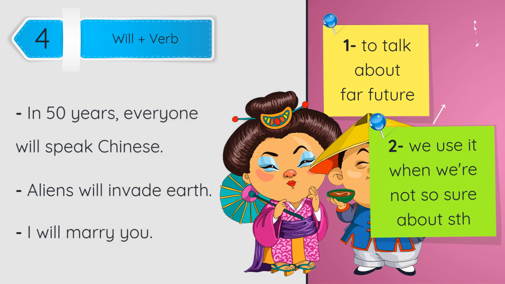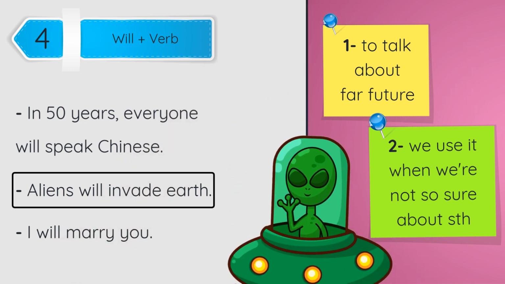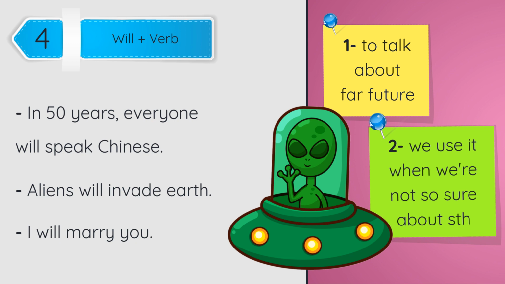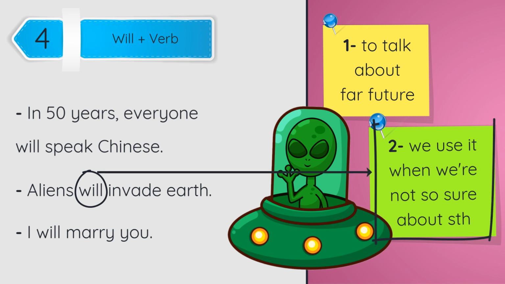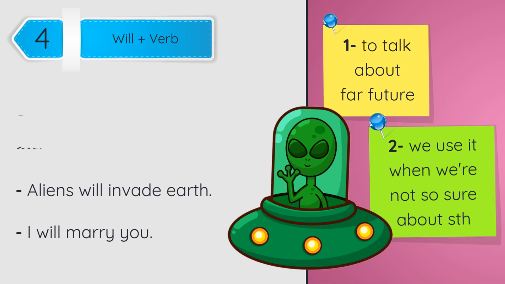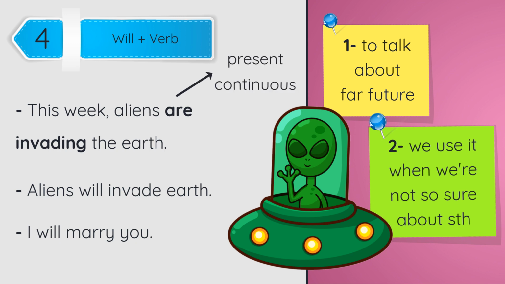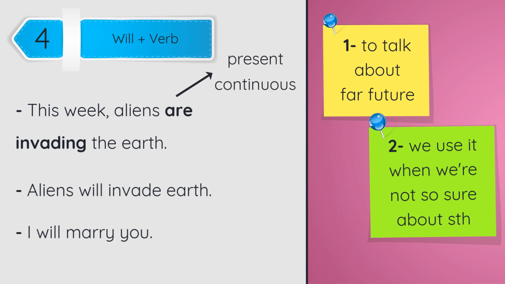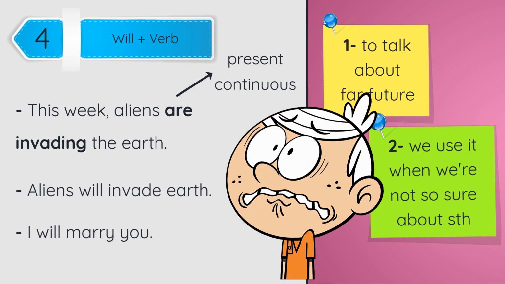Another example, aliens will invade Earth. Okay, in 25 years, aliens are coming. They will invade the Earth. I don't mean to scare you. Luckily, I'm using will, which means I'm not really sure. If I said to you, this week, aliens are invading the Earth, you'd be very scared.